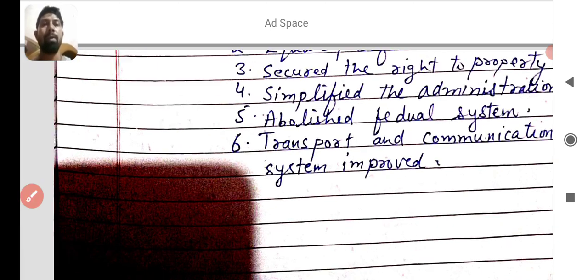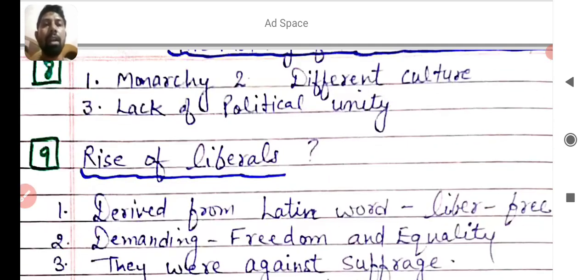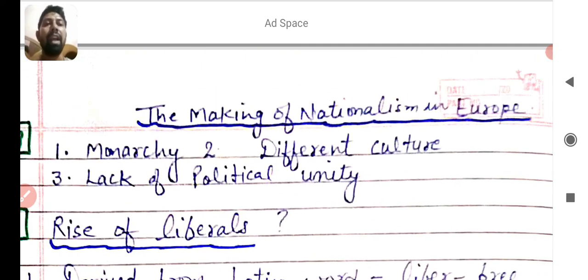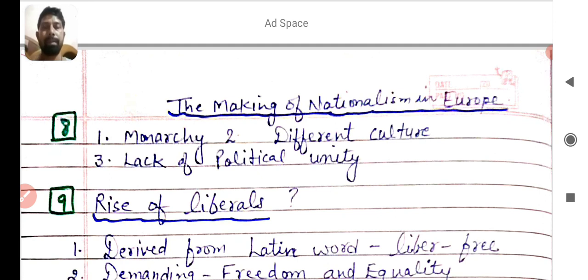And the next point is the making of nationalism in Europe. You learned that some philosophers gave the idea of nation, and the French Revolution gave the idea of nation, and revolutionaries also spread the idea of nation, and this was also spread through the armies and Jacobin clubs.